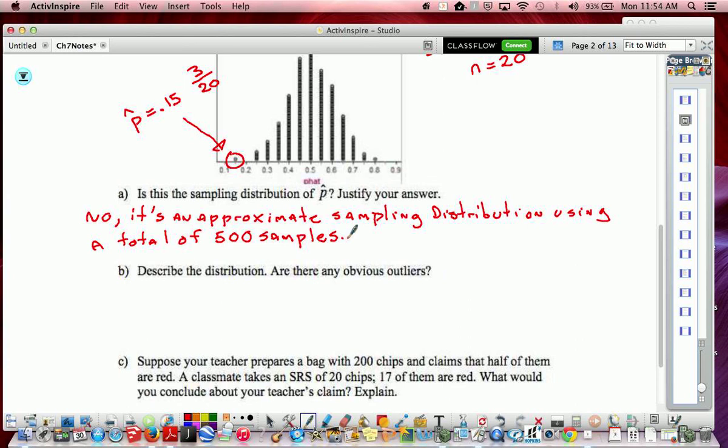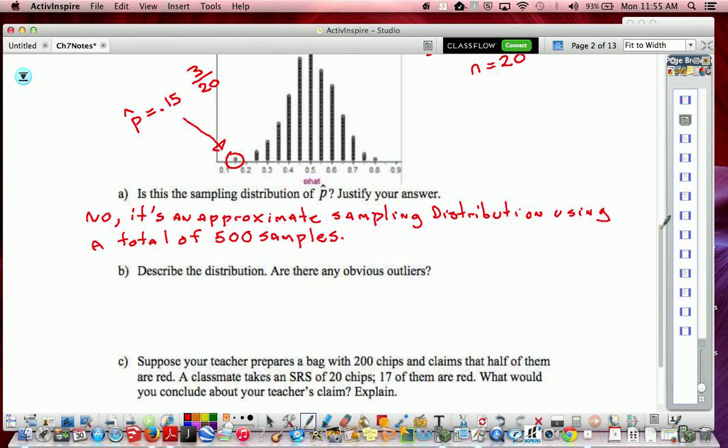In order for it to be a true sampling distribution, it has to use all. Well, you're not going to be able to collect every single sample, because you can do this process over and over and over and over again.